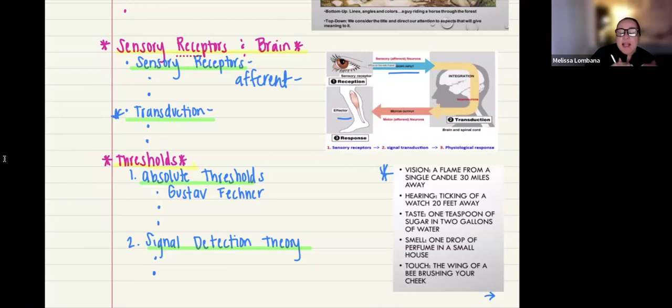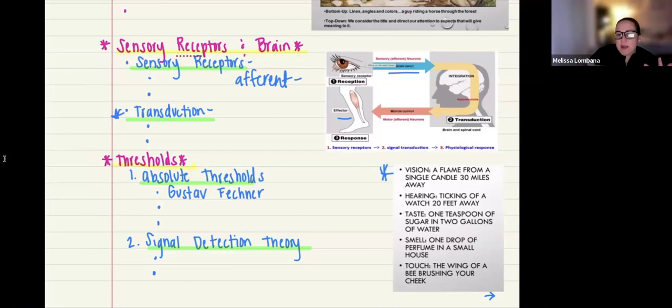They believe that depending on your experiences, your mood, and your expectations, all of those are going to influence your absolute thresholds. Sometimes people can go beyond their typical absolute thresholds depending on their experience, alertness, and expectations.